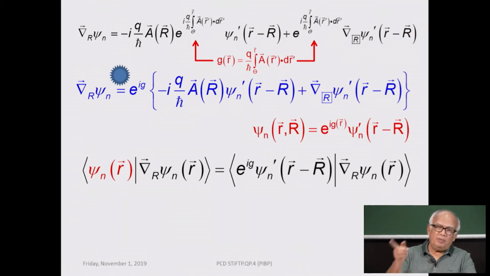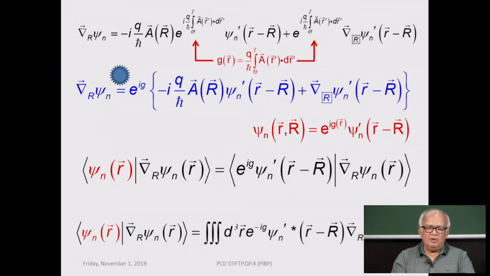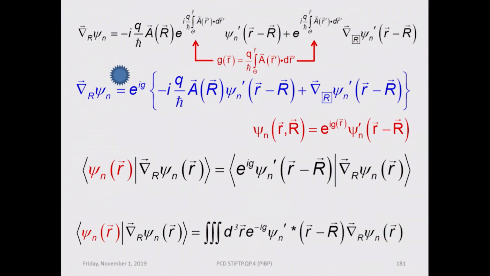And now what goes into the Berry phase is the integral of an integrand, and that integrand involves this inner product. So you need the projection of this gradient of psi on psi n. In other words, you have to determine this integral. I have written it in the Dirac notation and now in the usual de Broglie-Schrodinger notation, okay, so that we know what it is that we have to integrate. In the de Broglie-Schrodinger notation, we have the complex conjugates.